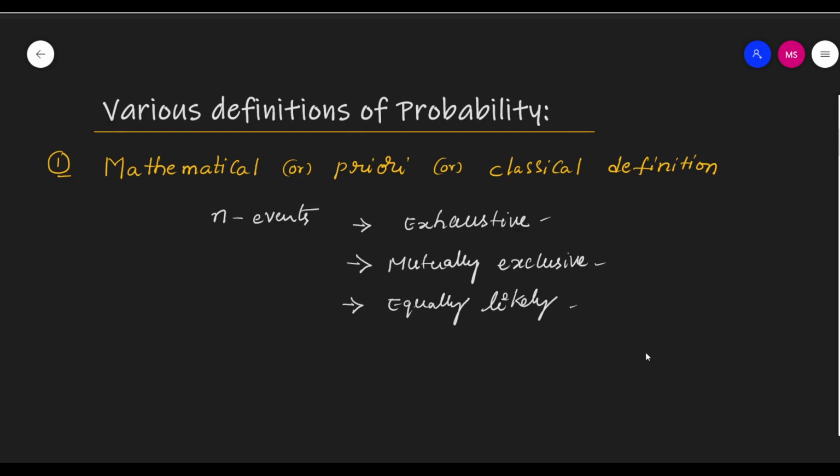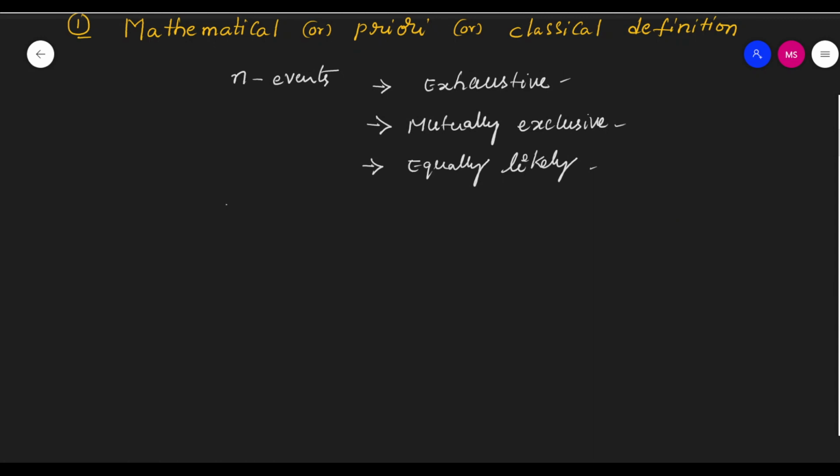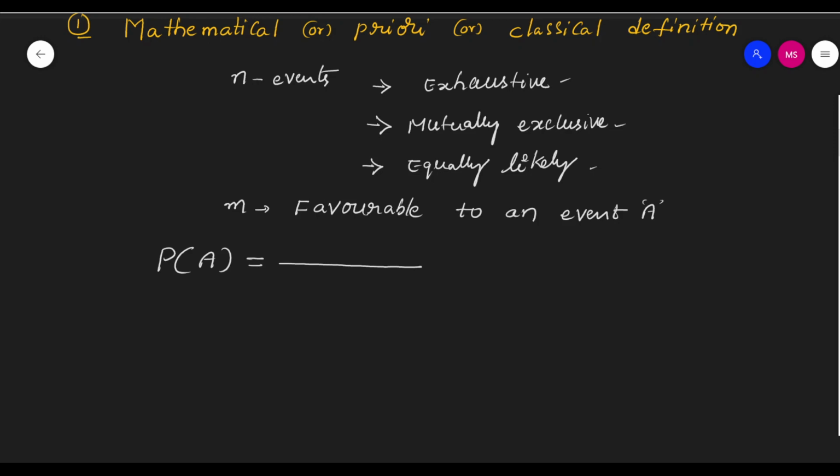And m of them are favorable to an event A, or maybe none of them are favorable to an event A. Then the probability of the occurrence of event A, P of A, is given by the ratio of favorable cases to the exhaustive cases.